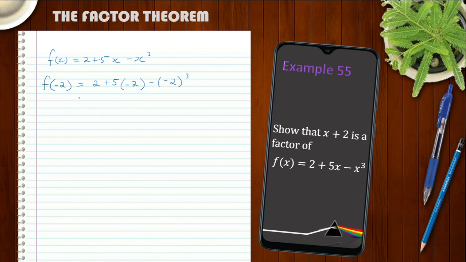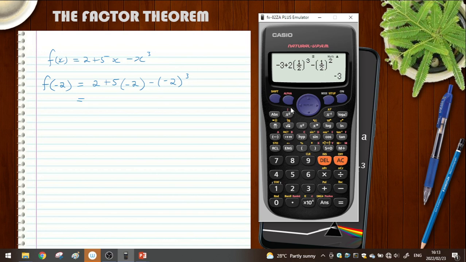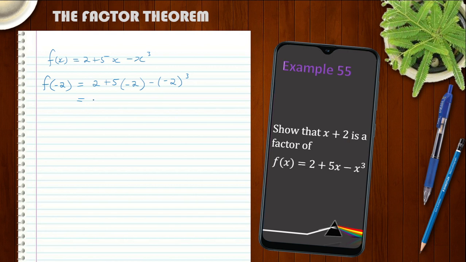If this gives us 0, then we know it's a factor. It's actually easy to work out without the calculator. Right, so that does give us 0. So that means that x plus 2 is a factor.